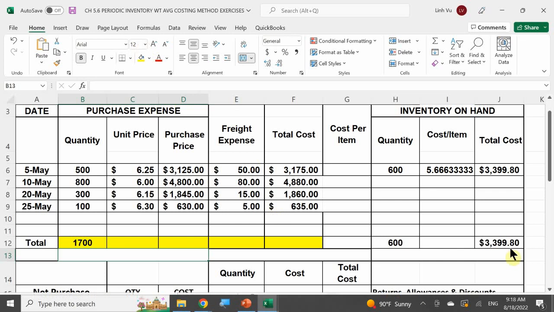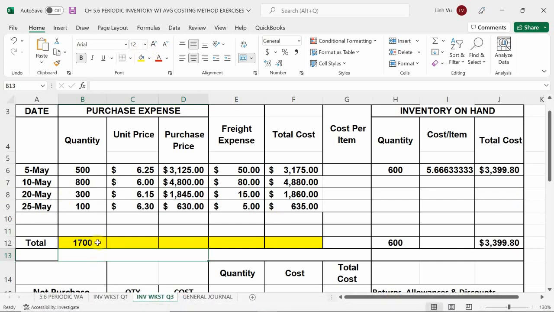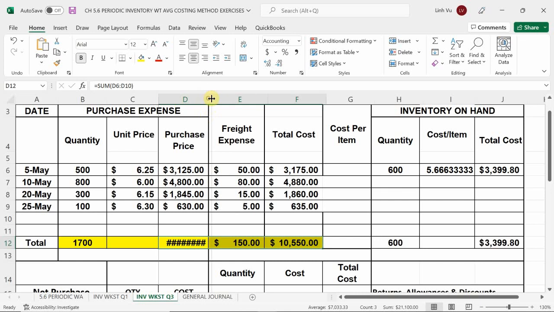What is my total purchase price? $10,400. Total freight is $150. Add those two numbers together and you should get $10,550. Once again, we are unable to do the average cost because now we need to include our beginning inventory. So we won't be doing the calculations there; we'll do them in the goods available.